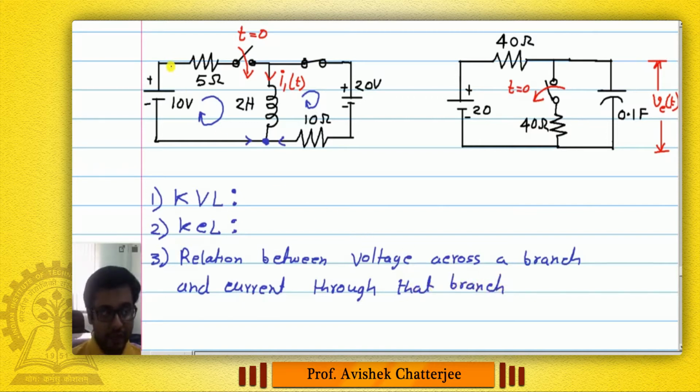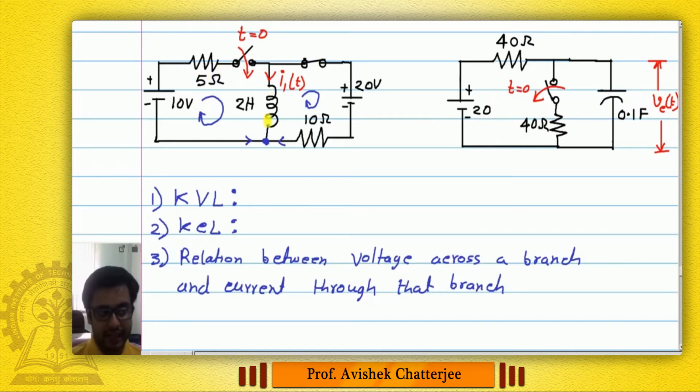For example, if you consider this branch, this resistance, then we know the voltage across this resistance is given by R multiplied with the current, that is Ohm's law.